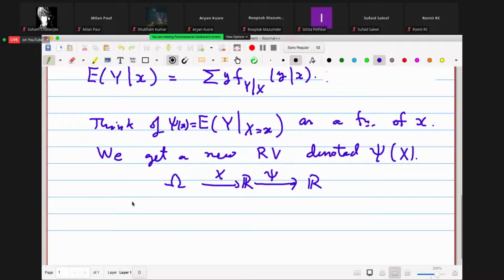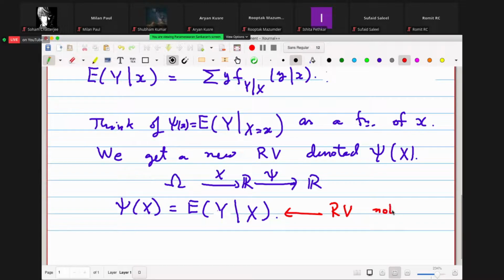And a more appropriate notation for that random variable psi of X is simply E of Y given X. So the important thing to remember is that the expectation of Y given capital X is a random variable, not a number, not a real number.